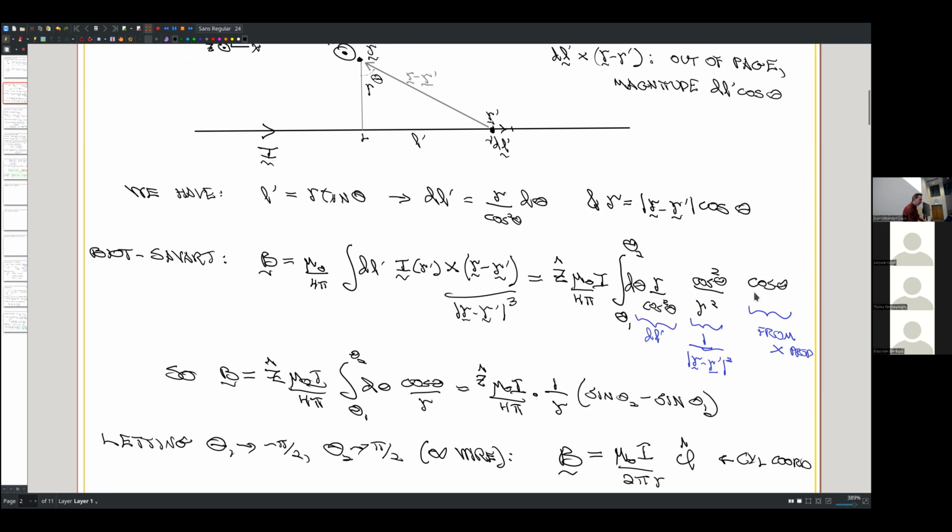So when I replace the cross product with this cosine here, essentially that's what I've done. You just have the scalar distance. It goes like 1 over the scalar distance squared, which is what you have here, right?